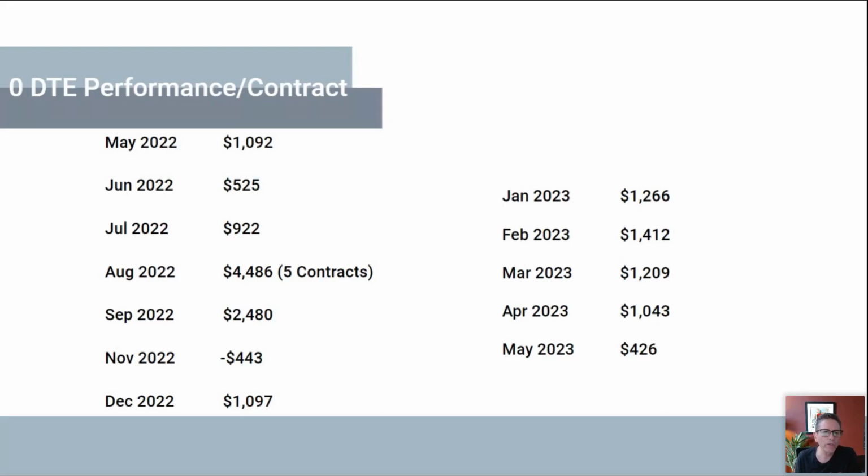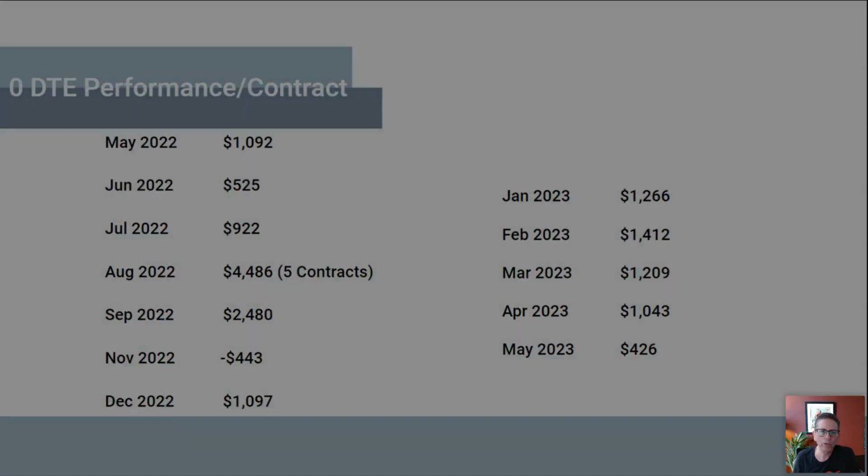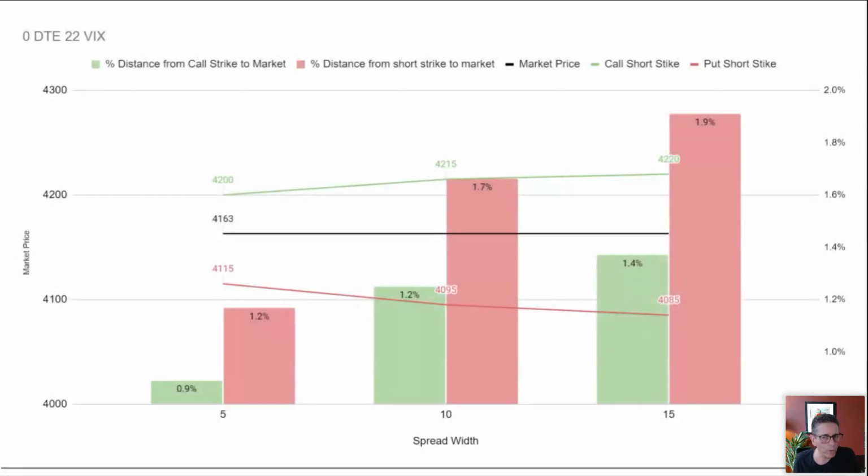And these are 1 contracts that I used, and then in August I used 5 contracts just to see how things would work in that period of time. During that period, I was really testing a change in my trade plan for 0DTE, and it's really worked out well.